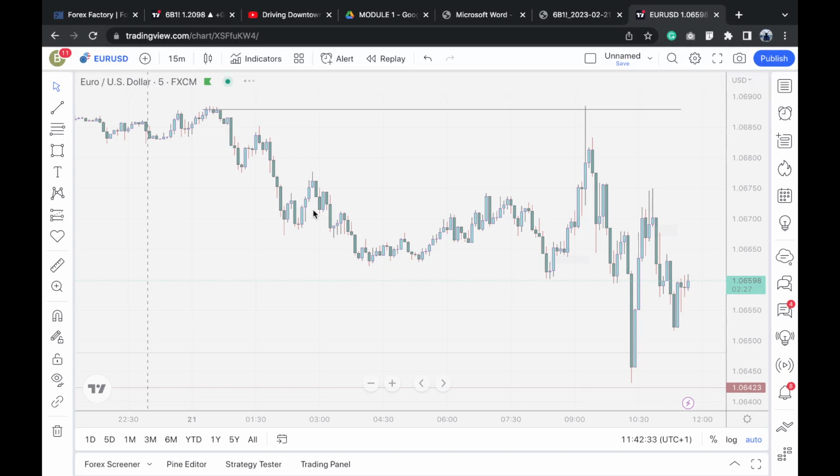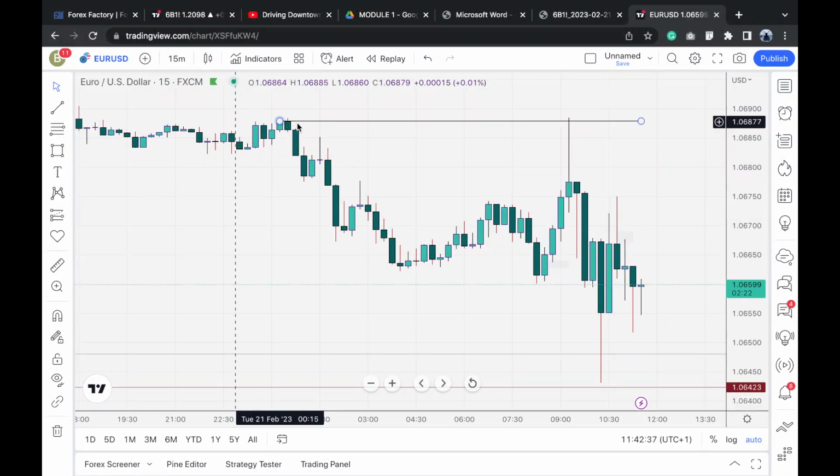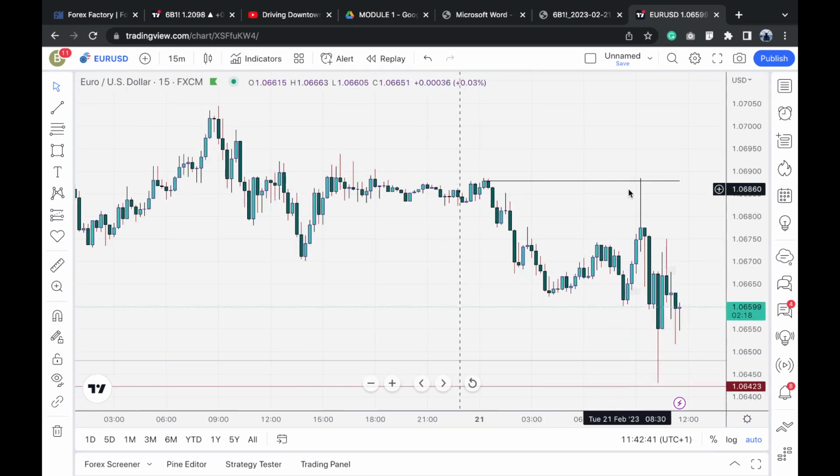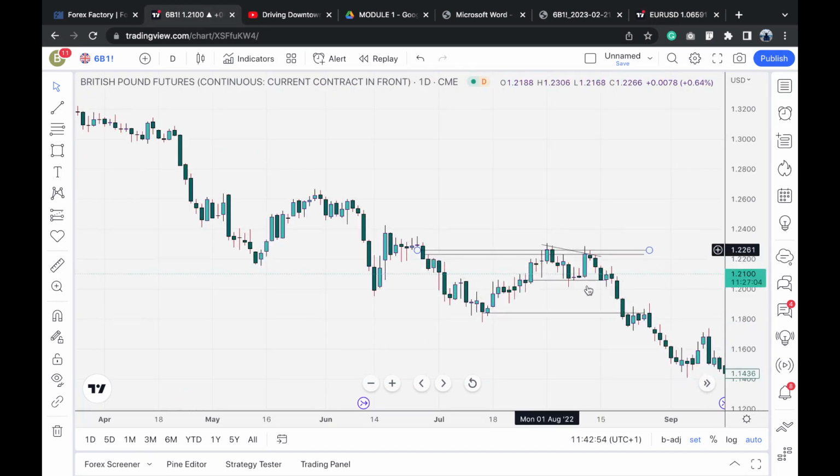So if I go out to a 15-minute time frame, you're going to see that is the level there. The bodies of the candle trades up there, trades up in the bodies of the candle, and then rolls over. But now also, if you look to your left, you can see there is also a fair value gap there, just like in the previous example I gave you with British pound right here.